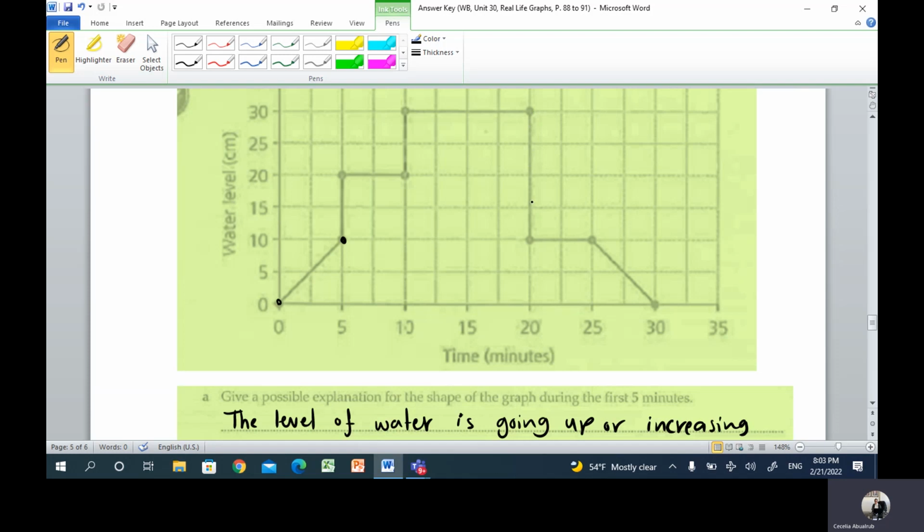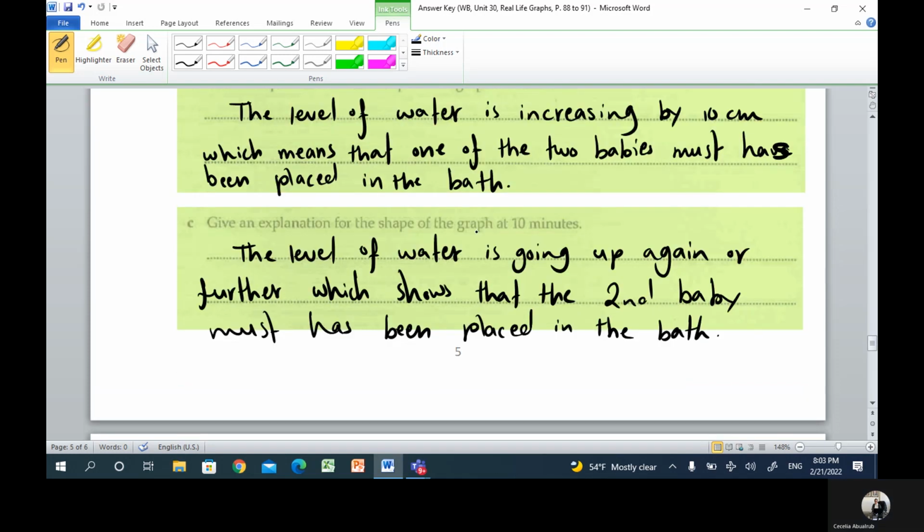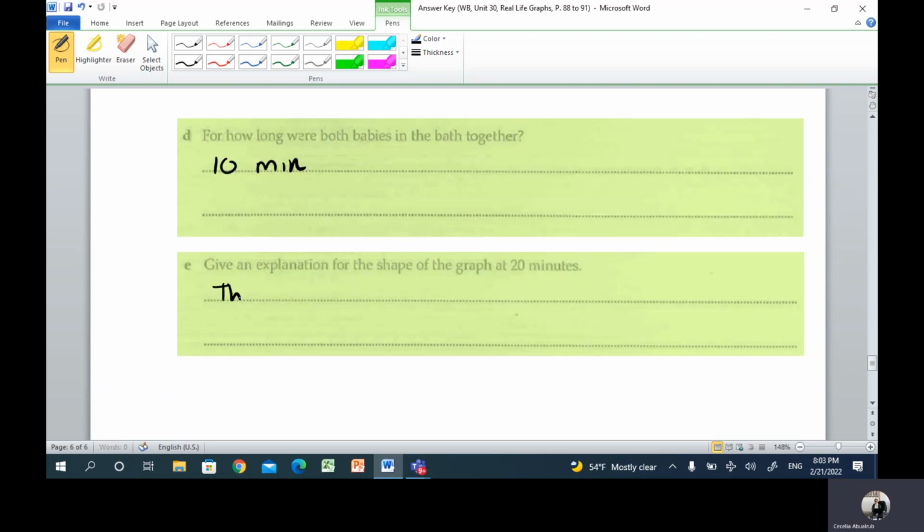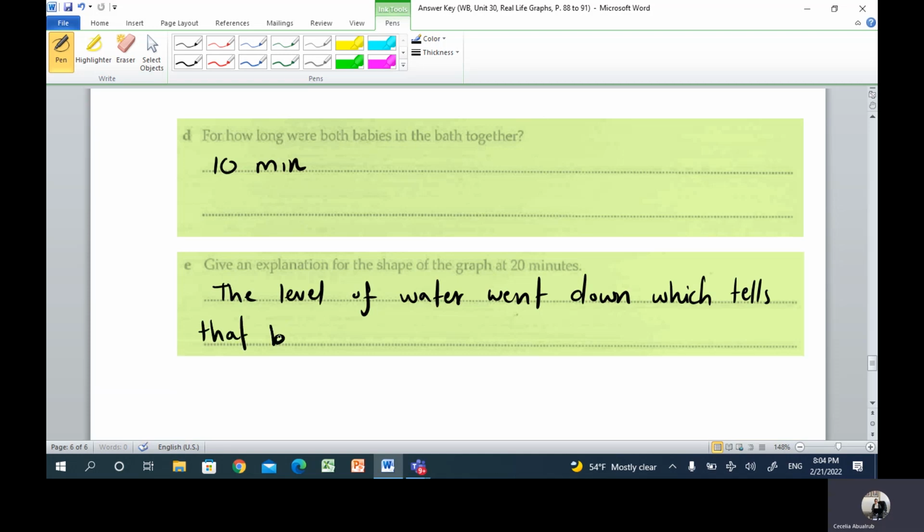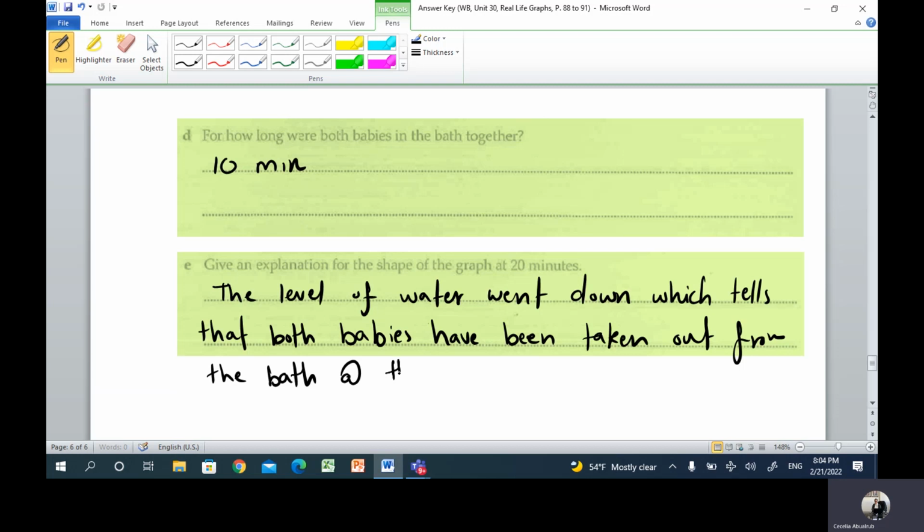Because the level of water went down, we're going to say here the level of water went down, which tells that both babies have been taken out from the bath at the exact same time.